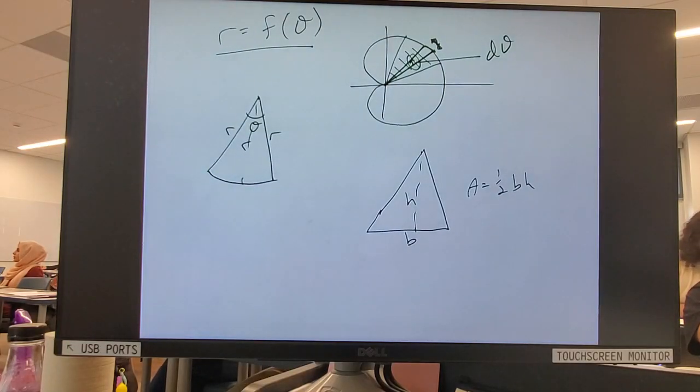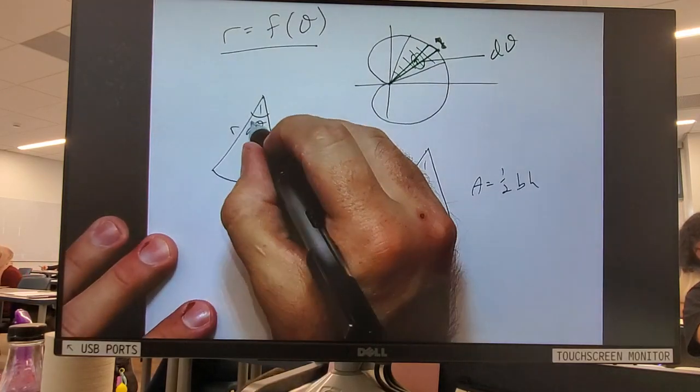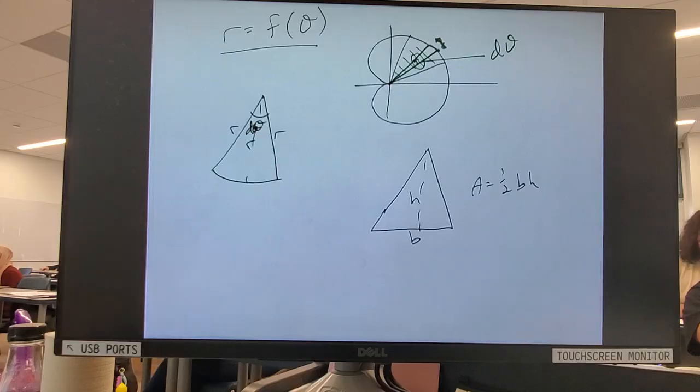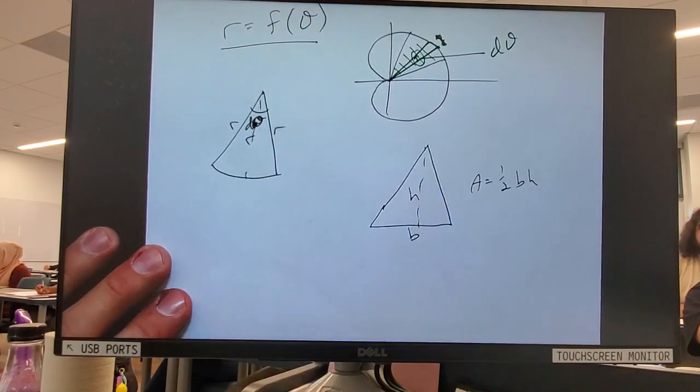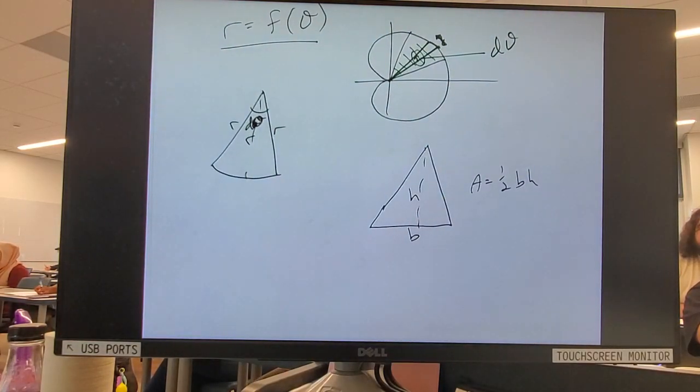What is the difference between these two shapes? The bottom here is curvy. Do you all agree, if I call this d theta, what would happen to this curve?